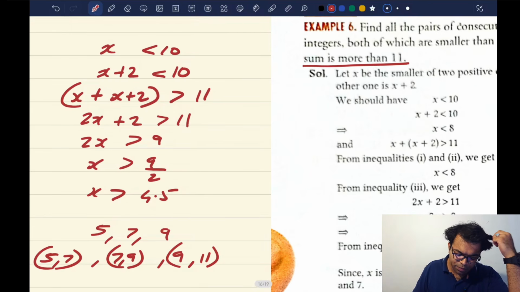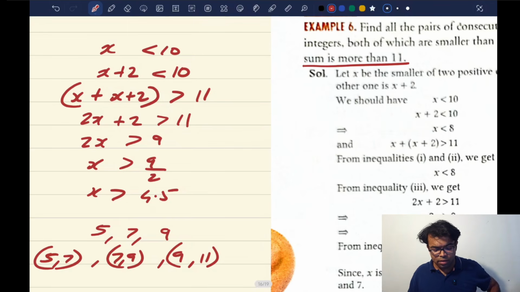Yeah, the sum is more than 11. 5 plus 7 is 12. 9 plus 11 is 20. The sum is more than 11. x is less than 10, that is correct. x plus 2 is also less than 10, yeah, that is also correct. x is less than 8.